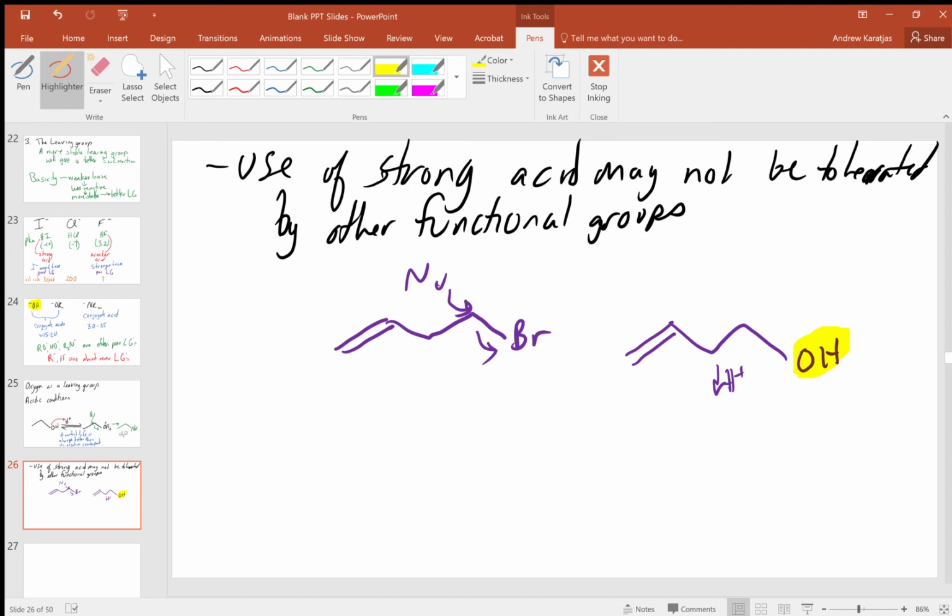One of the ways to hydrate an alkene is with strong acid. And so that could also happen here. And so you may end up with the alkene reacting instead of the alcohol. Carbon, being less electronegative than oxygen, is more likely to be willing to give up its electrons.